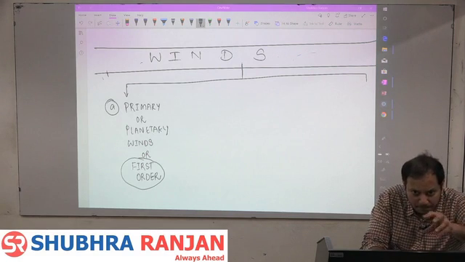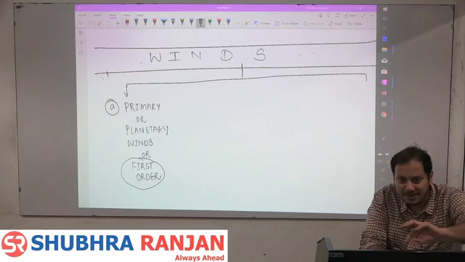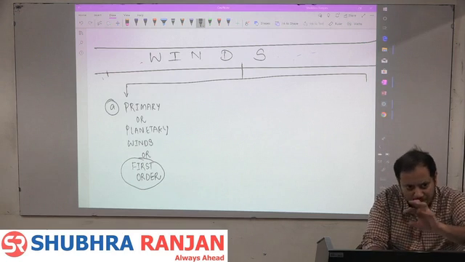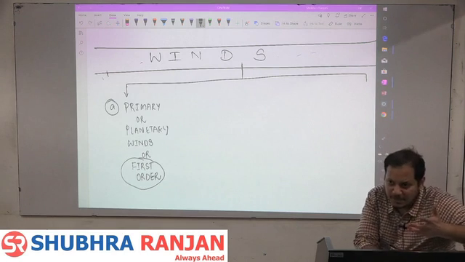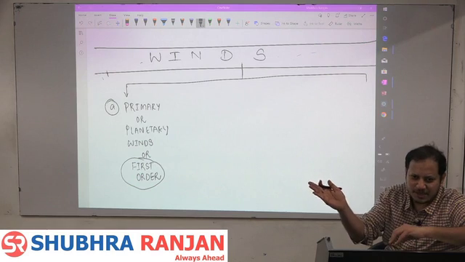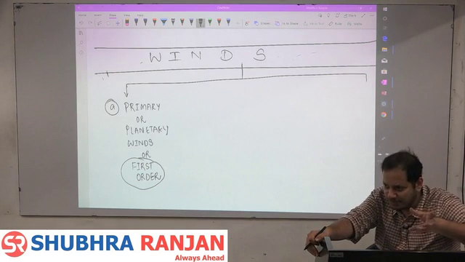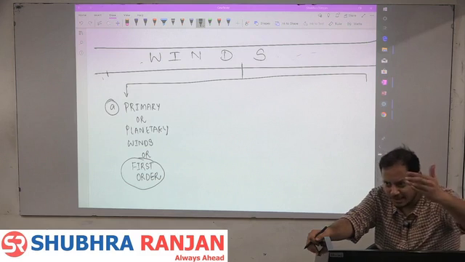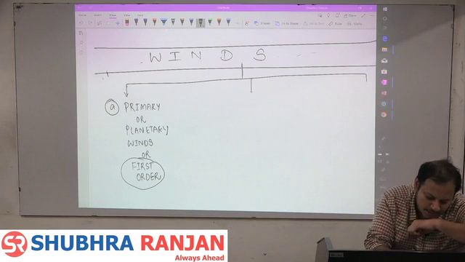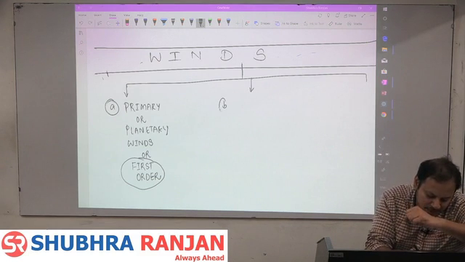Some primary winds will be modified at the regional level. The direction of trade winds changes, and they become equatorial westerlies or southwest monsoon winds due to the shift of the ITCZ, etc. They are known as seasonal or secondary circulation.